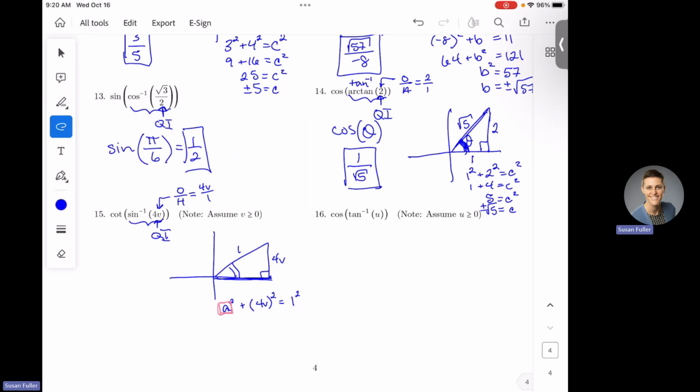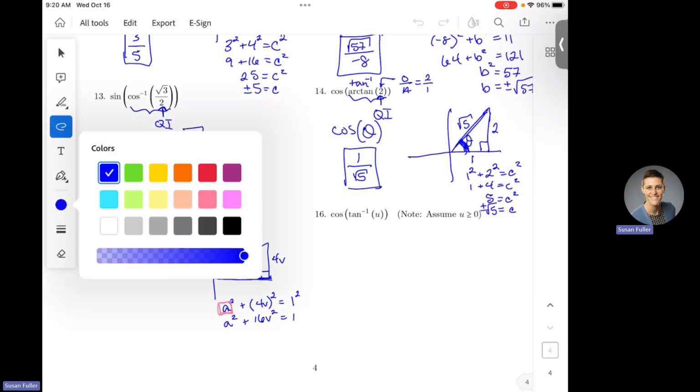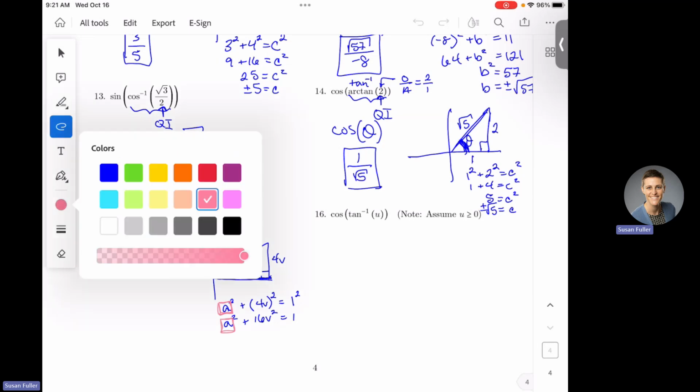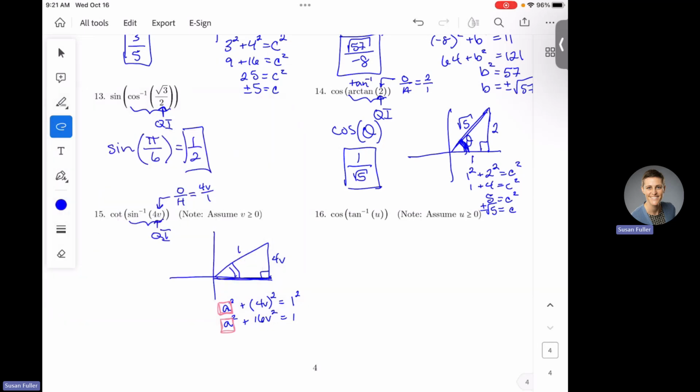So I'm going to square that 4V, and I'm going to get 16V squared. When I square 1, I still get 1. Again, I'm just going to help myself keep track that this is the one that I'm solving for. So how do we start getting A by itself? Yep, just like usual, you're going to subtract that 16V squared to the other side. 1 minus 16V squared.